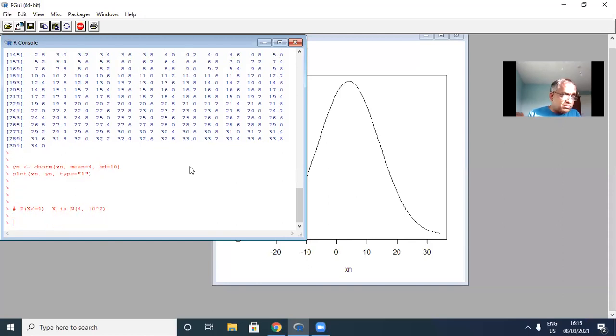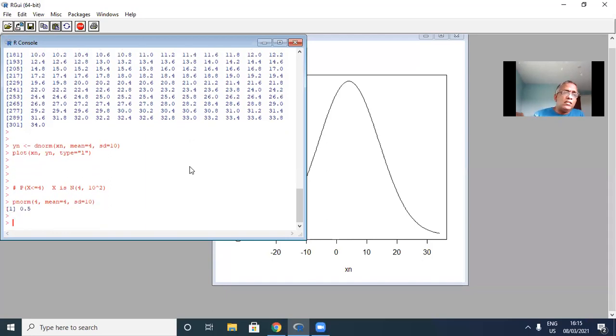To work this out, you use pnorm with mean equal to 4, sd equal to 10, and that will give you 0.5, as it should. So this command computes the probability that x is less than or equal to 4 when the normal variable has mean 4 and variance 10 squared.